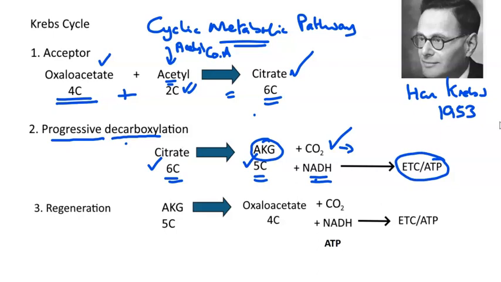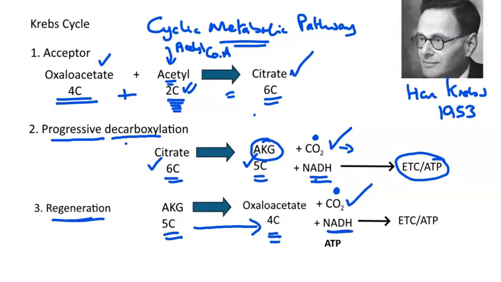The third step is what's called the regeneration step, in which the 5-carbon compound is then further decarboxylated to a 4-carbon compound with further excretion of carbon dioxide. So notice that we've got 1 carbon dioxide here, a 2nd carbon dioxide here, and that's consistent with the idea of breaking down the acetyl group, which was imported into the Krebs cycle.